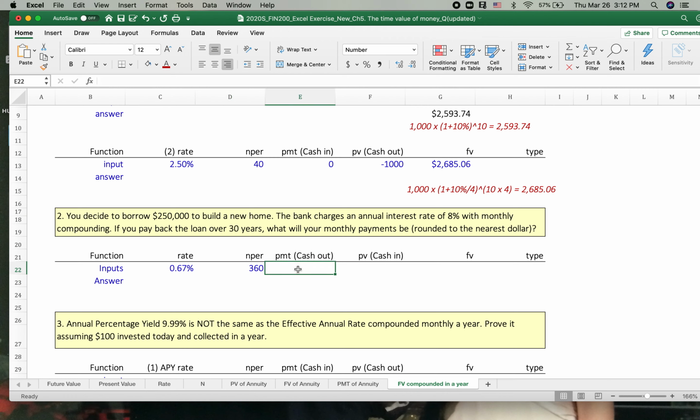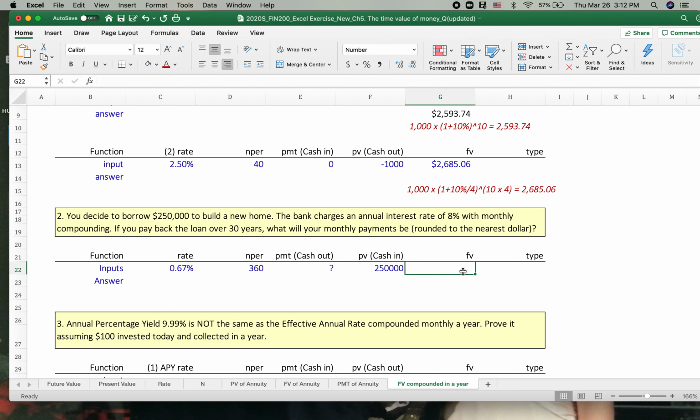And then the payment is what we want to know. And the present value is what you decide to borrow. So money in, $250,000 cash in. And then you will pay back this payment, so this payment will be shown as a negative number.